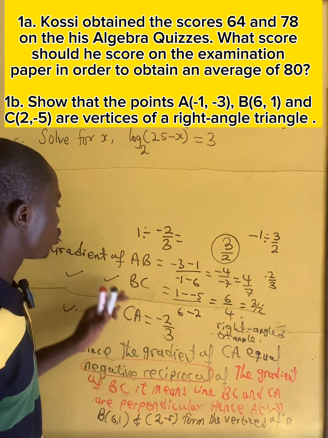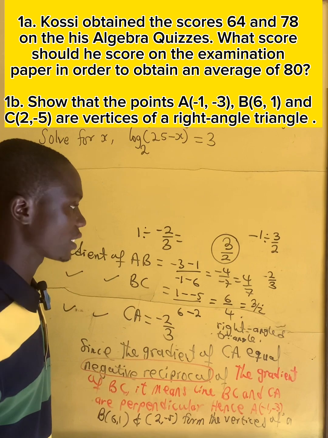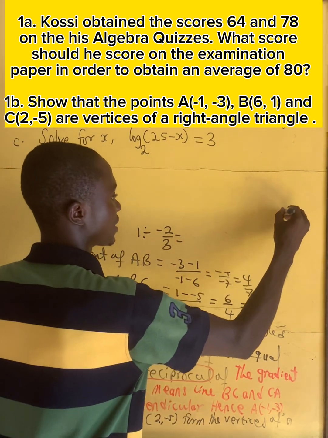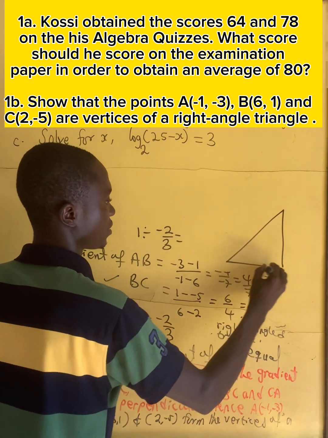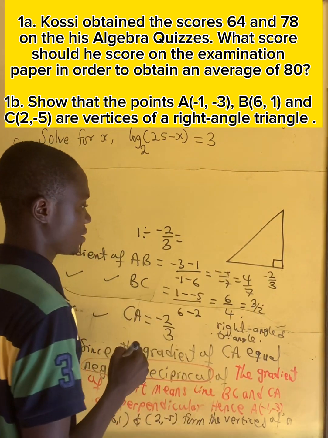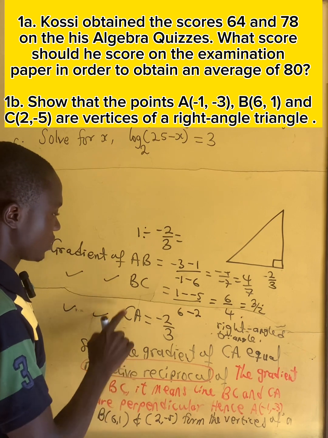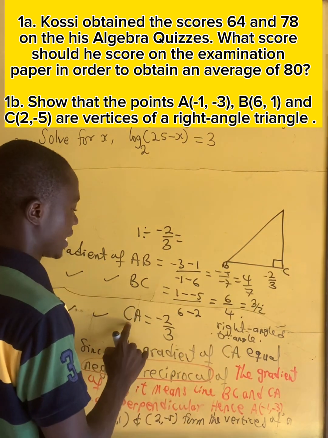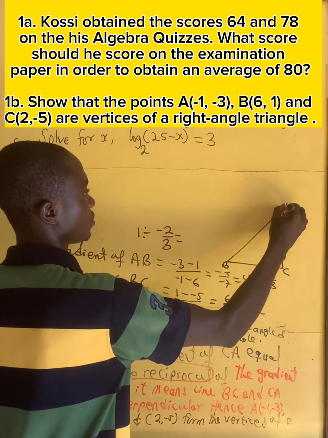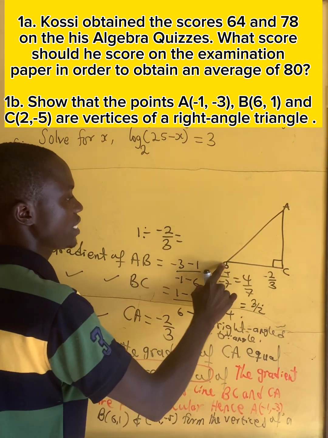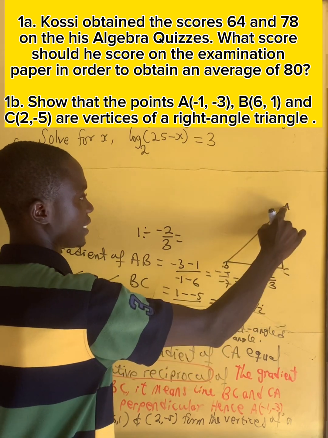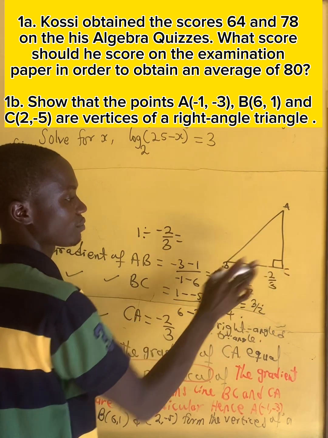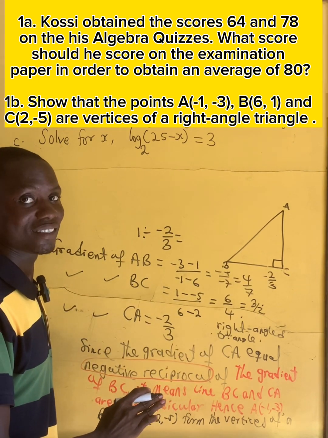So if I want to draw line ABC, that is what I will do. I'll draw this line here and put here 90 degrees. Then line BC, so let me put here BC, and line CA. So B to C and A to C meet at right angles here. That is what we mean.